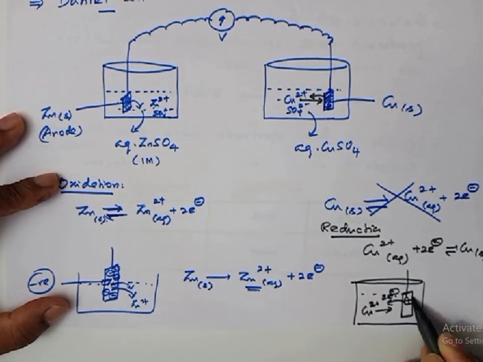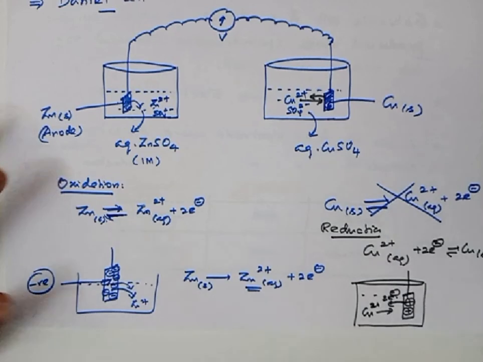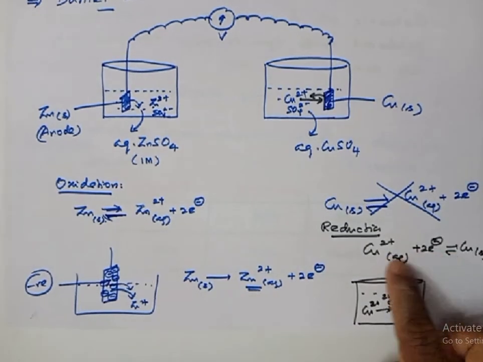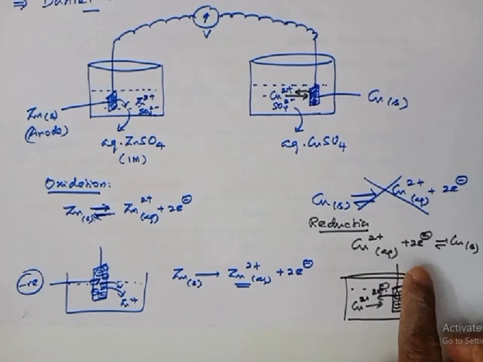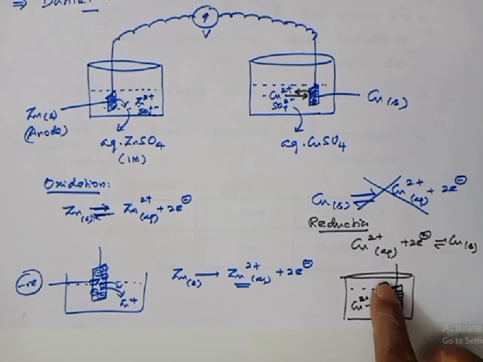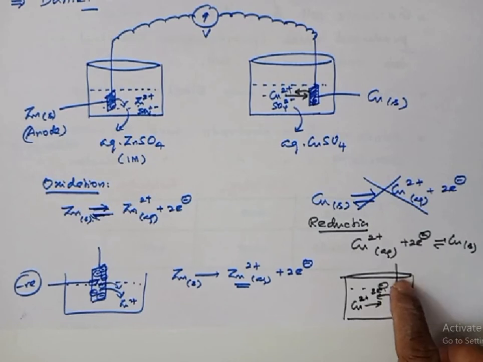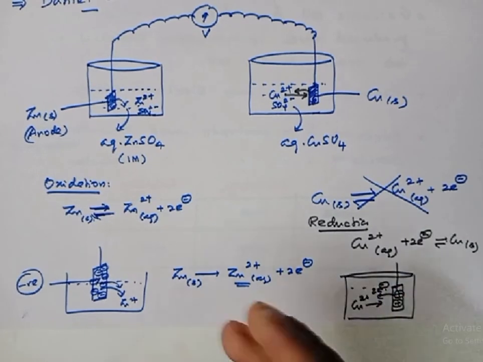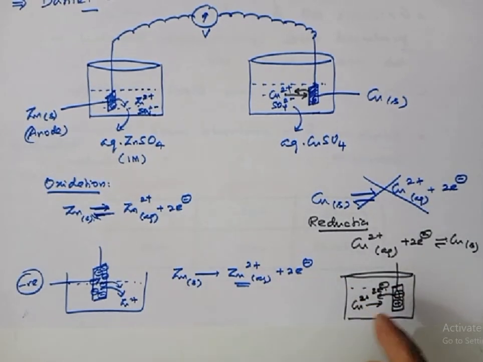Therefore, the metal gets positive charge. Students, observe carefully. Each cupric ion gains 2 electrons from the metal and undergoes reduction, so you will get a copper atom. These copper atoms get deposited on the metal surface. But since the metal loses 2 electrons for each cupric ion, the metal gets positive charge.